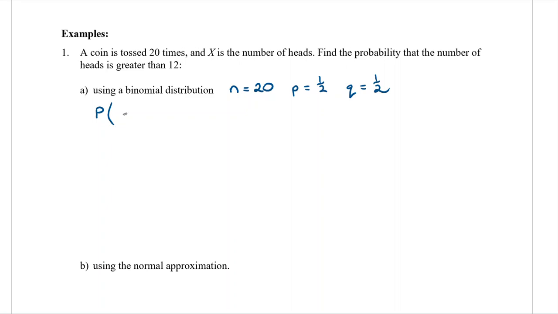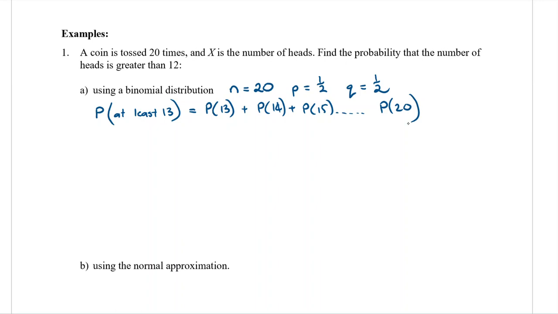No. So in other words, we want at least 13. 13 would be the minimum number we could have. So probability of 13, probability of 14, all the way up to probability of 20.